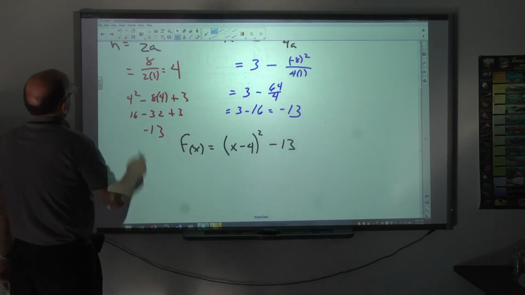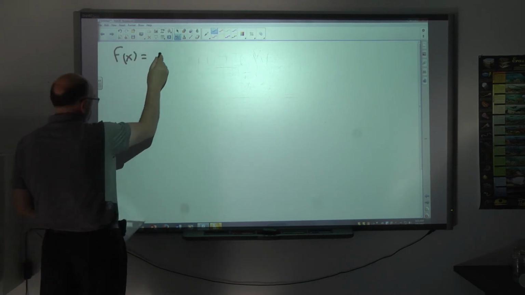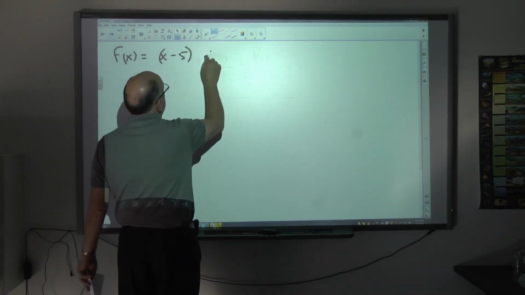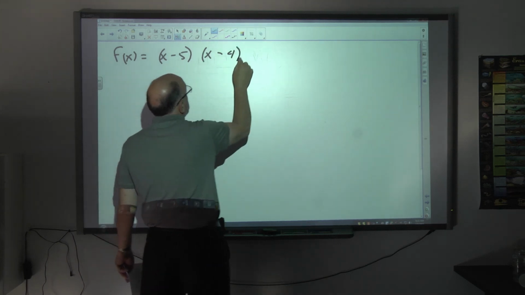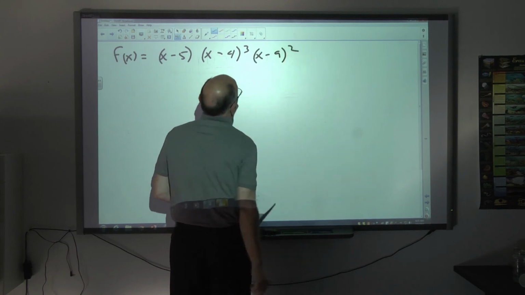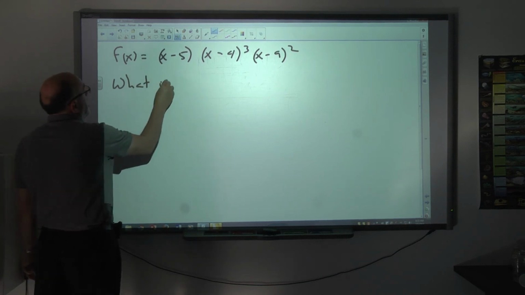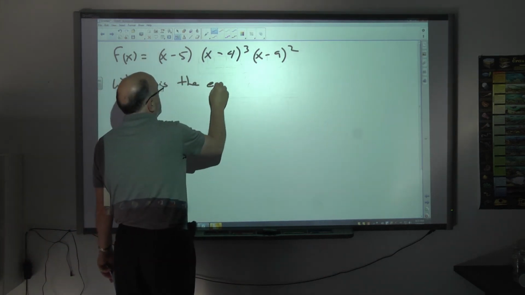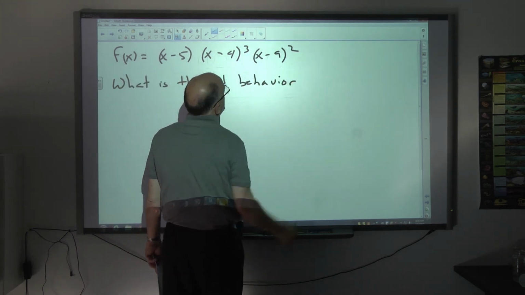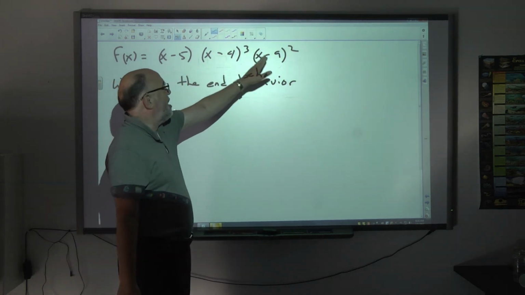Well, other types. Let's say now we have one that was like this: f of x equals x minus 5 times x minus 4 cubed times x minus 9 squared. And I want to know what is the end behavior. Well, really it says to multiply these 3 together. If I multiply these 3 together, this will be an x, this will have an x cubed, this will have an x squared.